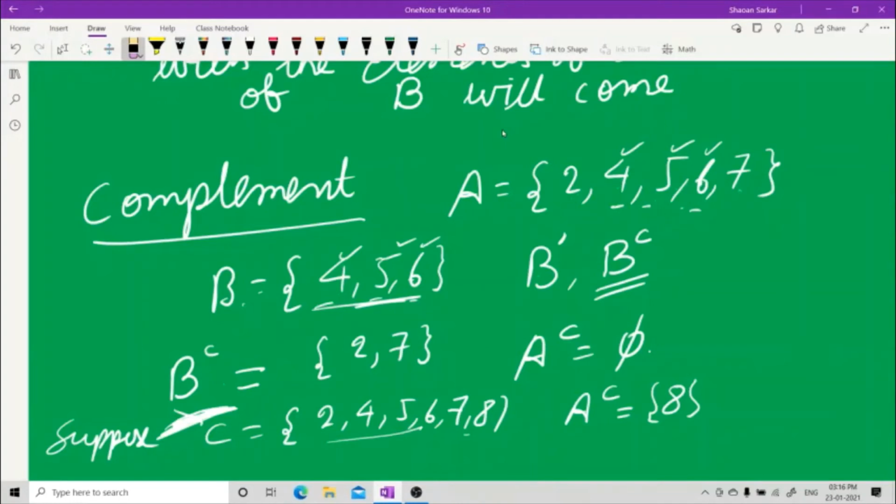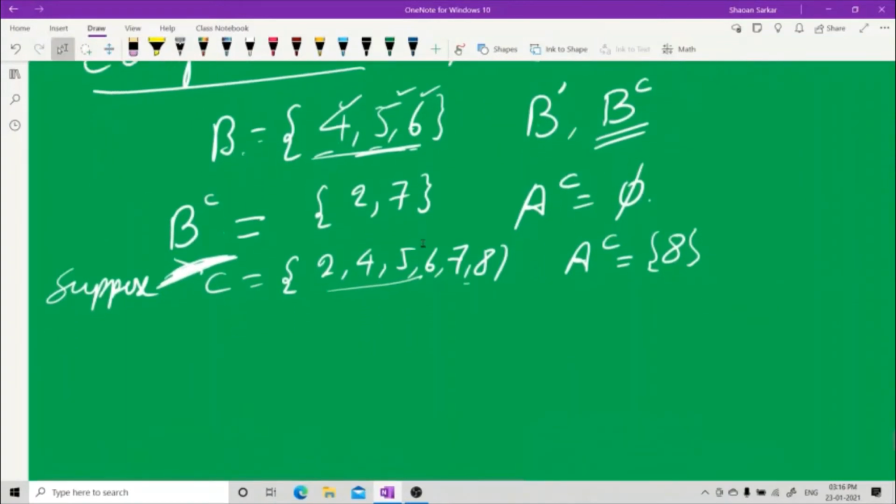So in complement, basically what we do is this. We take those elements which are not in that set, but are in some set in which this set is contained. Let me write. B complement.